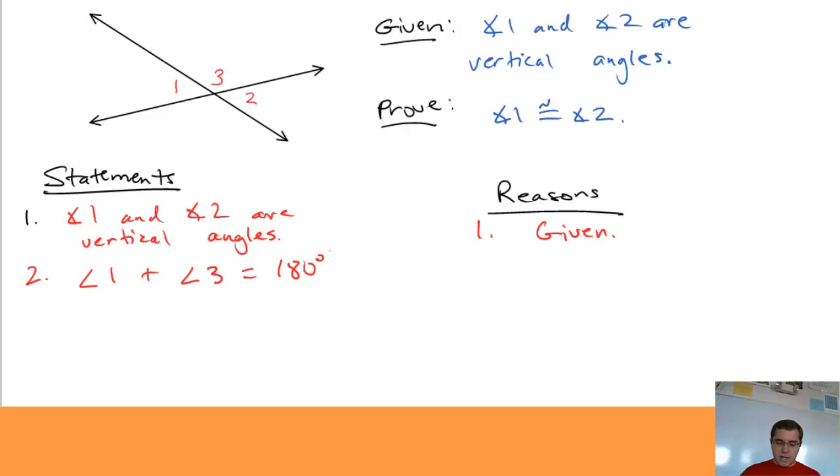What tells me that when I add up two adjacent angles I get the whole angle? That, remember, is the angle addition postulate. When I add up two adjacent angles, I get their whole angle.